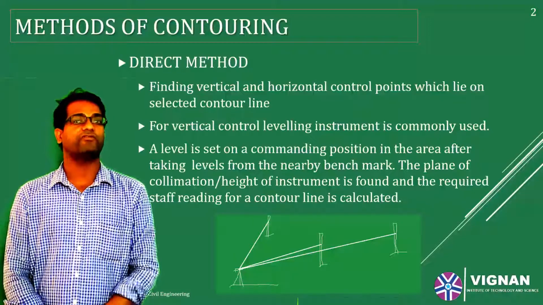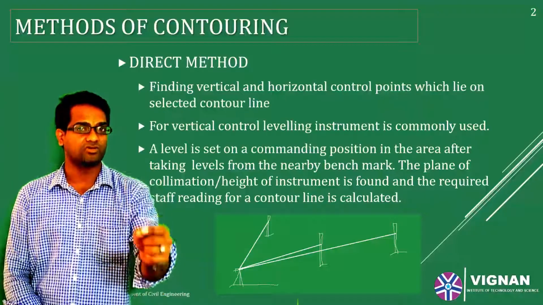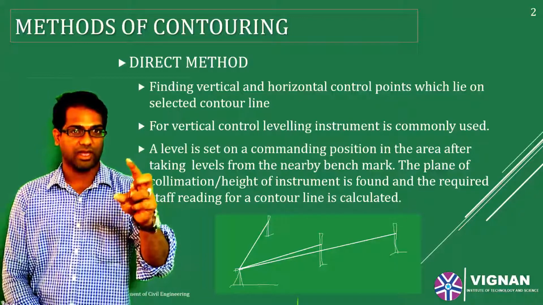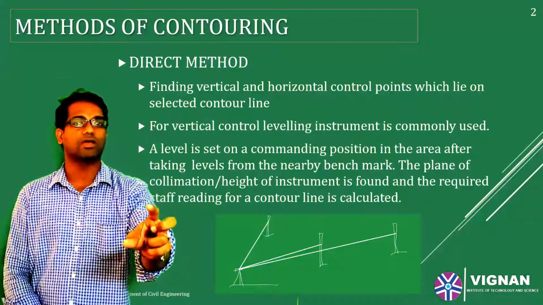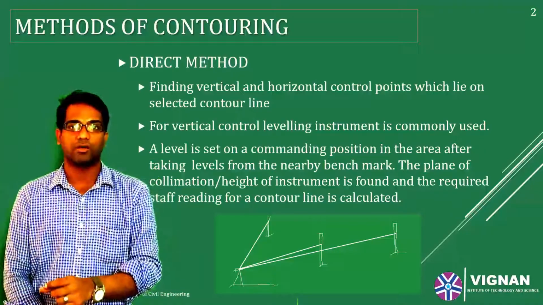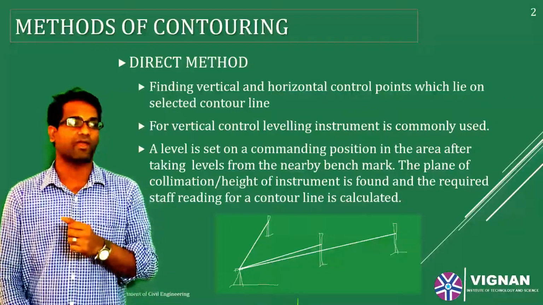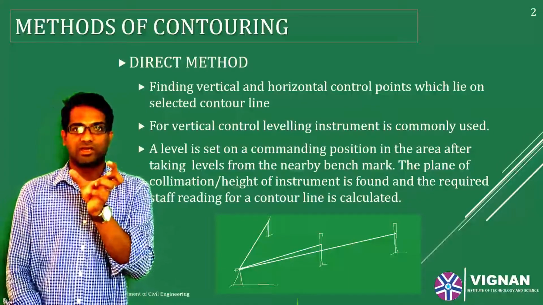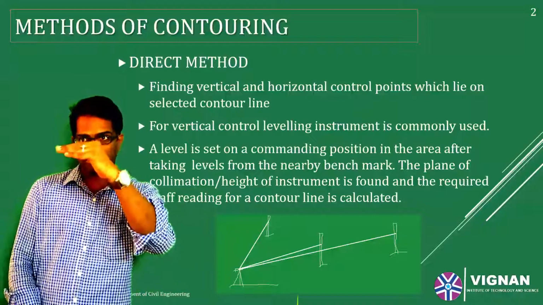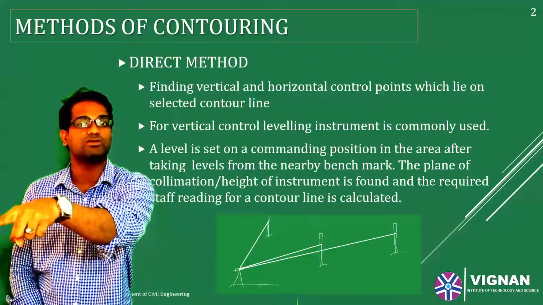So if the reduced level is 100 and my staff reading is 1 meter, and I find the staff reading of 1 meter on any other ground point by asking the staffman to hold the staff, move around and orient the leveling staff to my dumpy level, then I can immediately say that point is also 100.